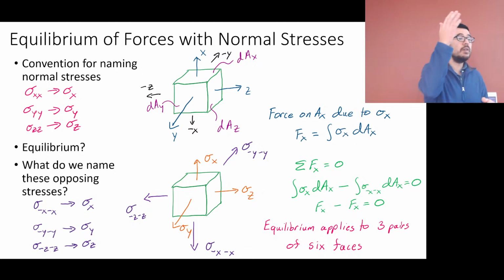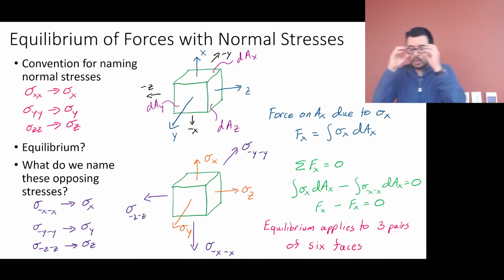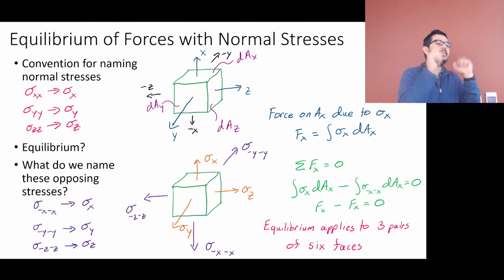Imagine you have a cut. It's a little bit weird because we're going back and forth between saying this is a point and it's infinitesimally small, and this is a really small surface. And hey, I just cut your bar and have an exposed surface, and I have a stress coming out of it, and I have an area. If I integrate that distribution of stress, that profile of stress on the area, I can get the overall force.